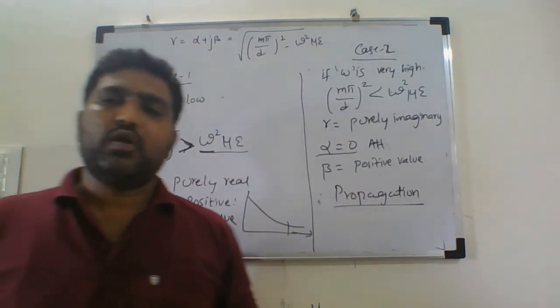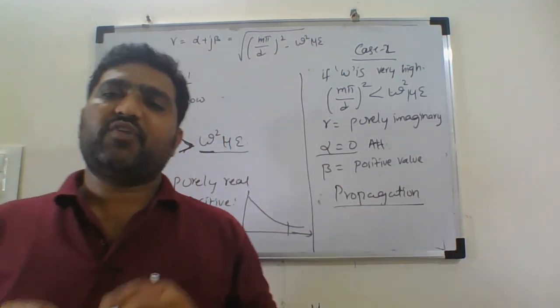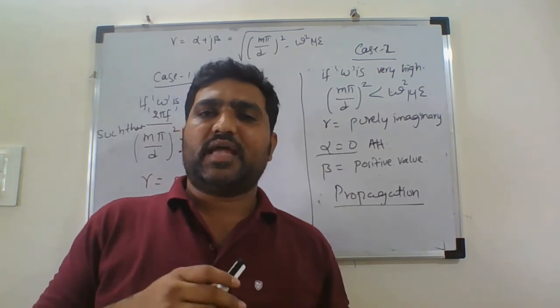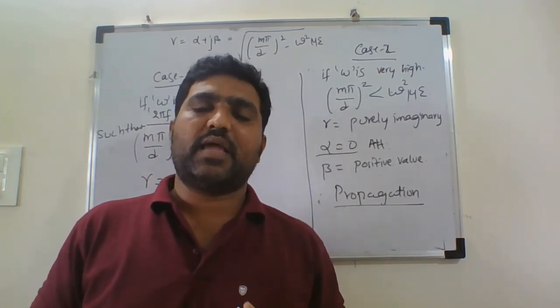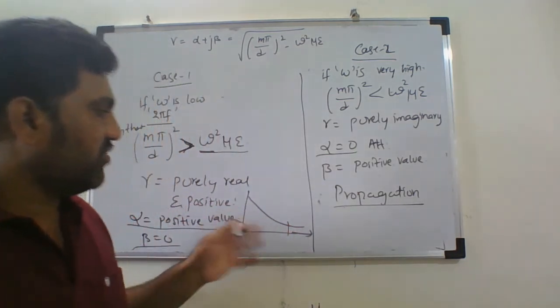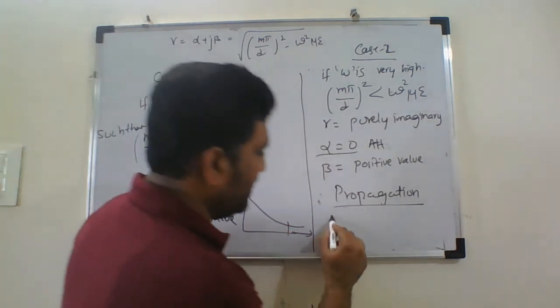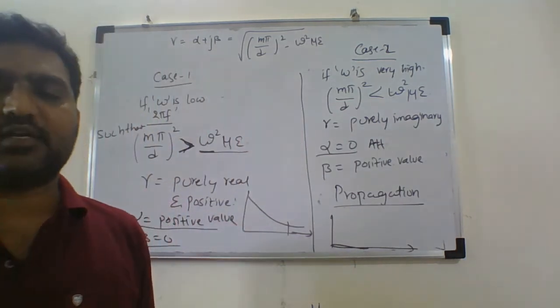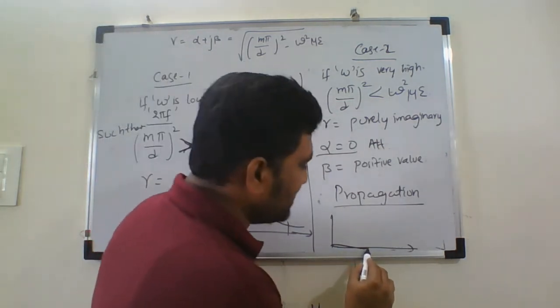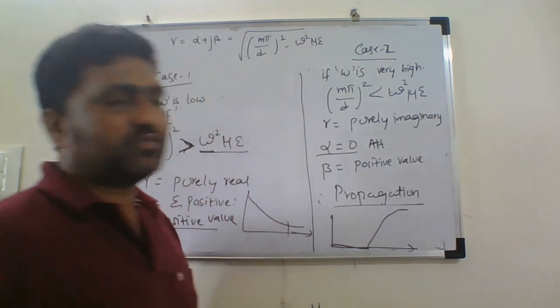Therefore we can say that the waveguide is acting as a high pass filter. Up to certain frequencies the wave will not get propagated through the waveguide, and after certain frequencies the wave gets propagated.